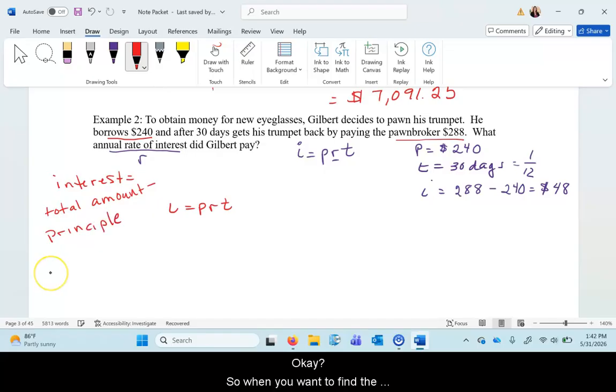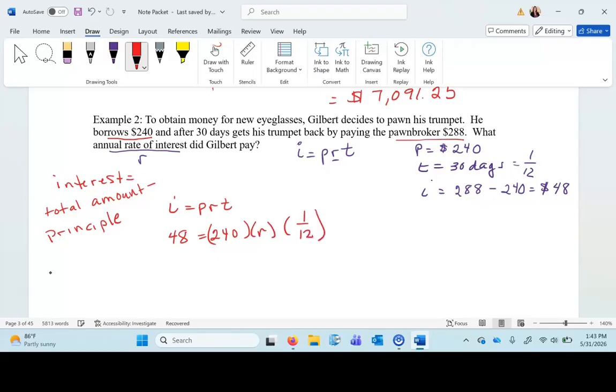Okay, so when you want to find the interest, take the total amount minus the principal when we're trying to find another variable. All right, so now we're good. We have 48 equals 240 times R. Remember, we don't know the interest rate, times time.